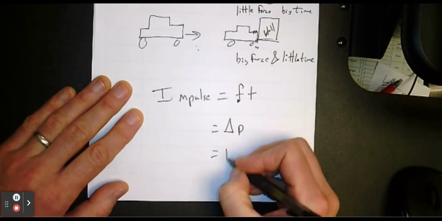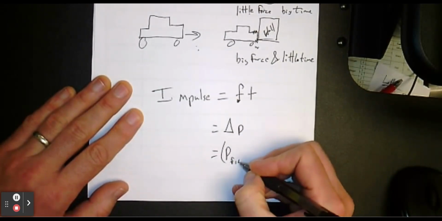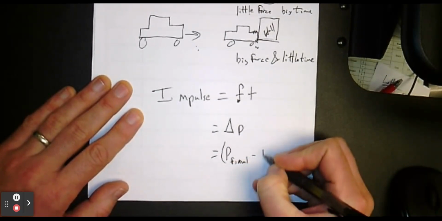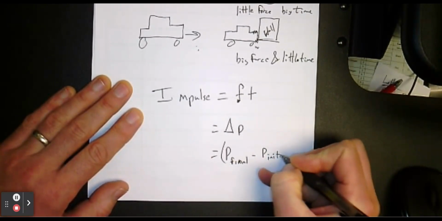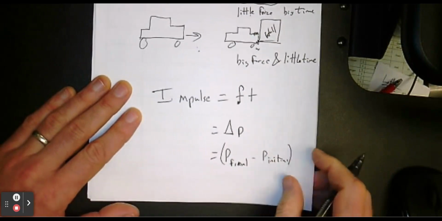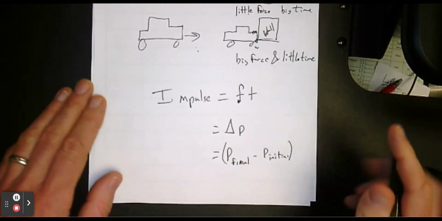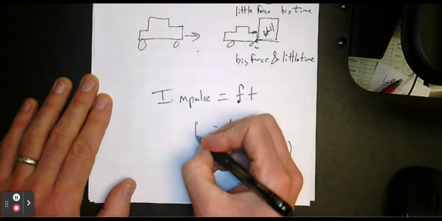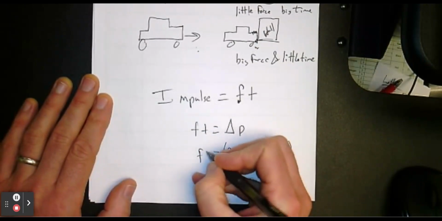That's your P final minus your P initial, equals your impulse. Now, this is all equal to your force times your time.